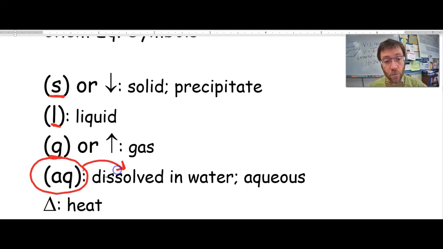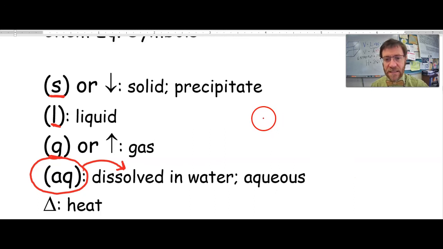This means dissolved in water. And that's really important to lock into because most of the really interesting chemistry happens in dissolved water. Almost the entire chemistry of the human body happens in an aqueous solution, because we are basically walking bags of aqueous chemical reactions, made mostly of water. You can do a lot of really interesting chemistry once you dissolve stuff.